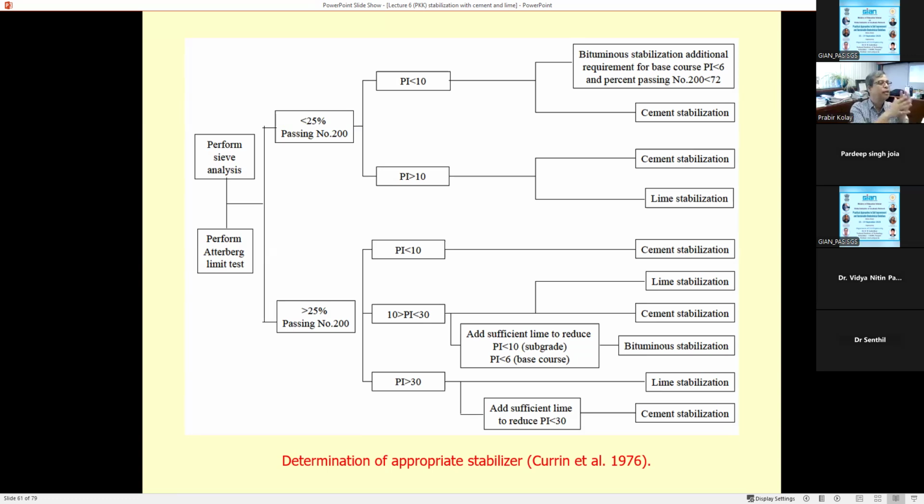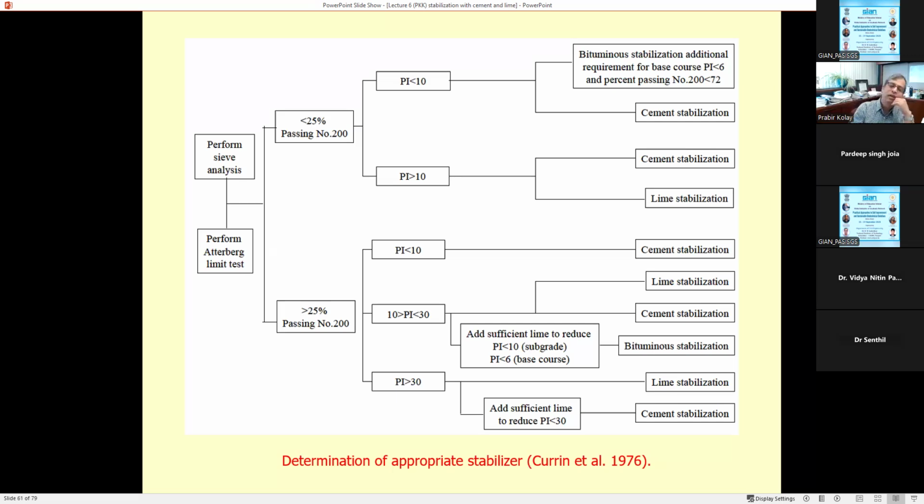The liquid limit test you also need to check. If the percentage passing in the particle size distribution is more than that, and the plasticity index is more than 10 and less than 30, then depending on the situation you can easily calculate. You have an idea of what stabilizer is more suitable.